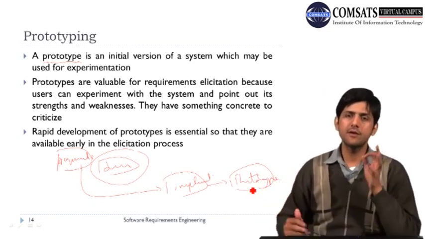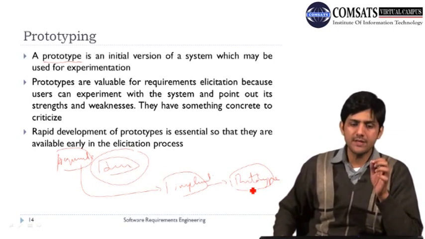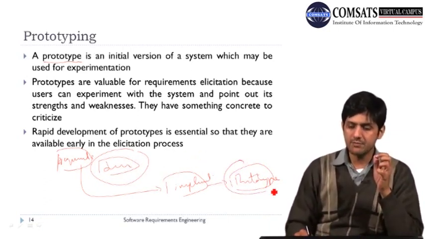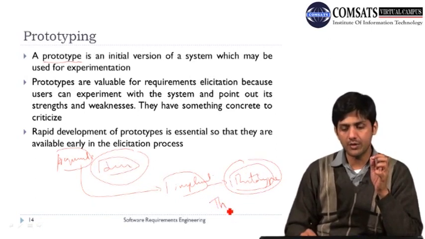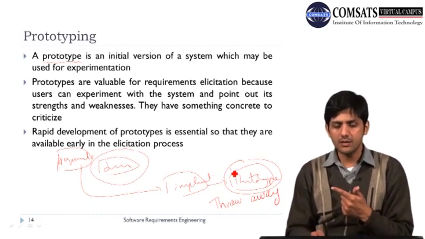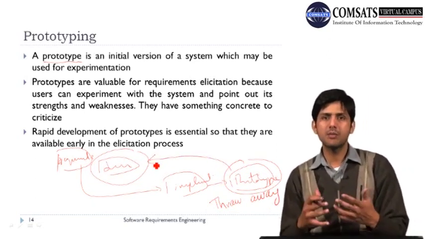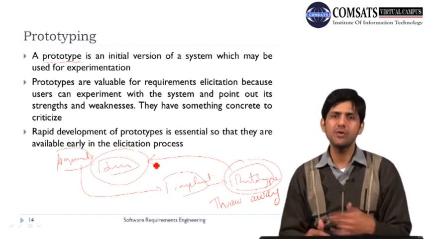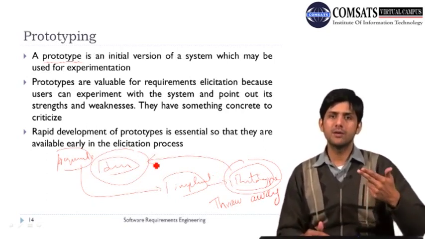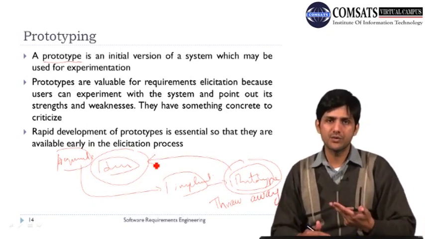That's why one of the things always said whenever you use a prototyping model is that this initial prototype is normally called a throwaway prototype. Why is there a need to throw it away? Because we did not do any deliberation about designing this prototype. We were not careful about choosing the architecture of the product. We were not careful about what kind of data structures should be used.